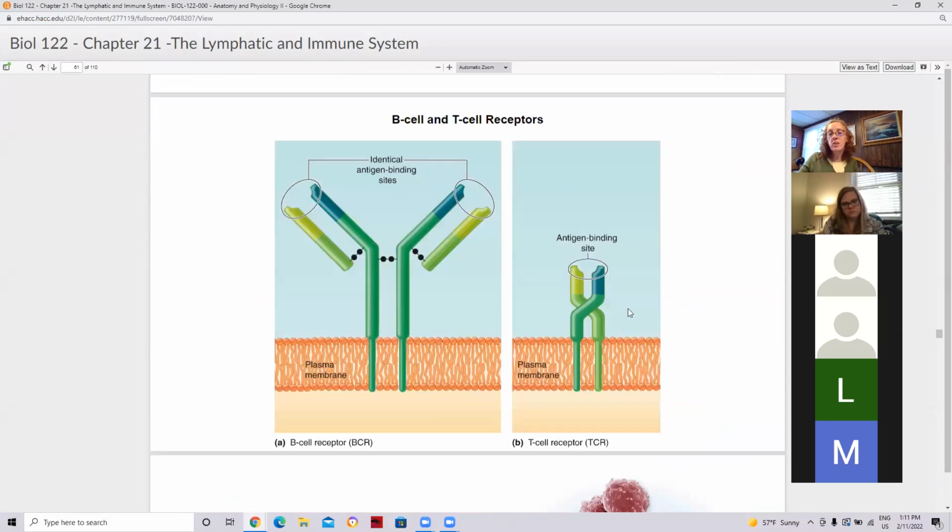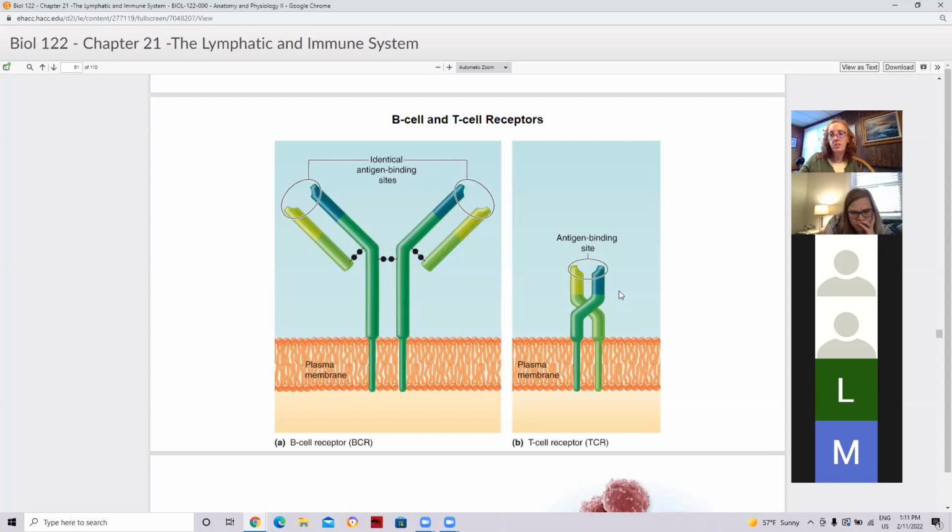So a T cell only gets activated when it binds an antigen. That's the reason that this therapy is better than your general chemotherapy. These T cells are only going to kill other cells when they bind to the right substance, right?